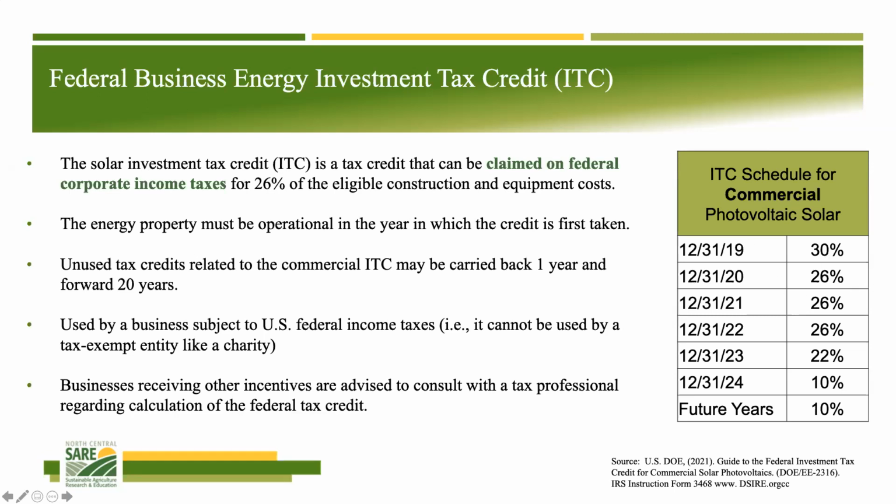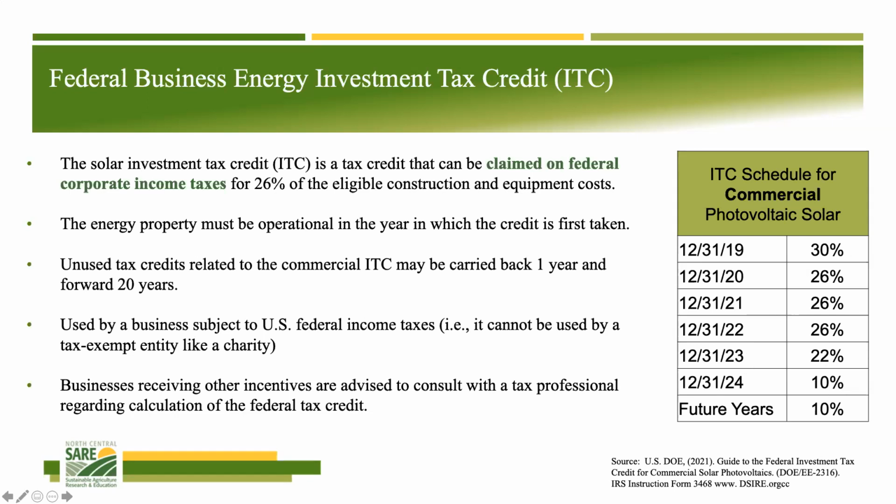It was reduced from 30% to what's locked in currently at 26% through the end of 2022. Then it drops another 4 points down to 22%, and then ultimately we'll lock in at 10% unless Congress does something different and changes it in the future. But that's the current schedule.